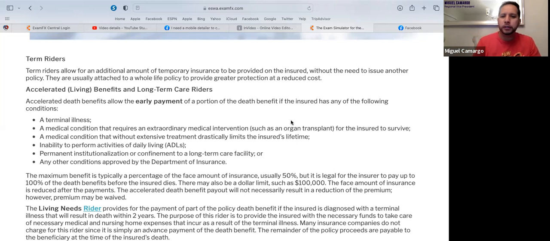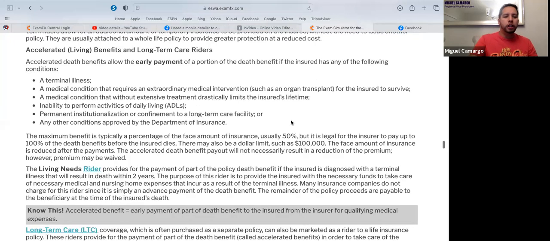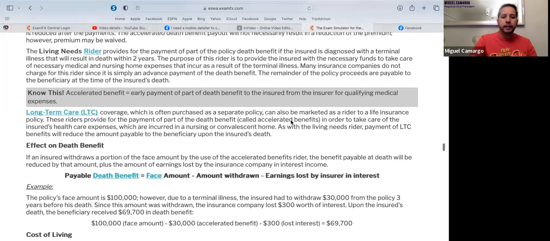I don't know the textbook definition of that, but terminally ill means, unfortunately, you can get a portion of this money advanced to you, or you're selling your policy to somebody else, depending on the company that is writing your policy. So let's talk about how that goes into effect.